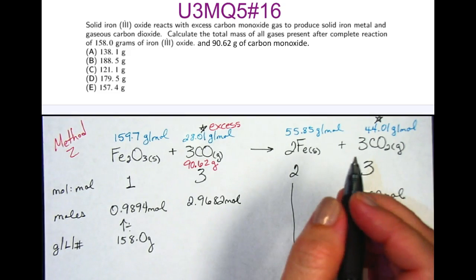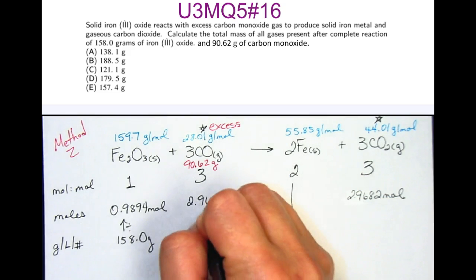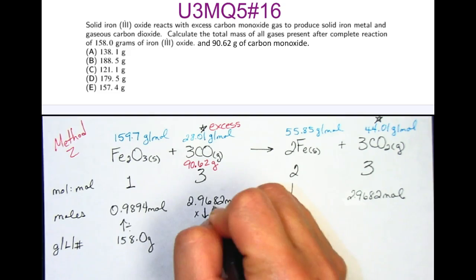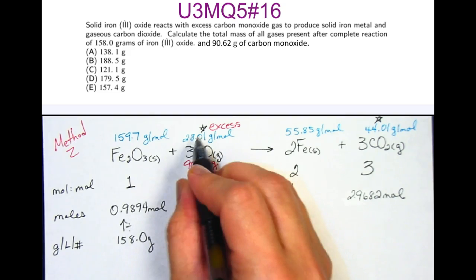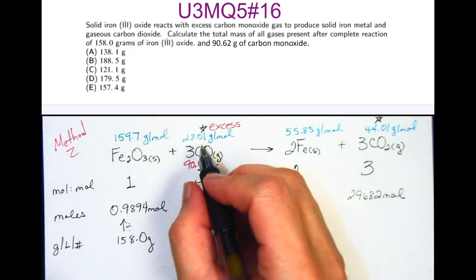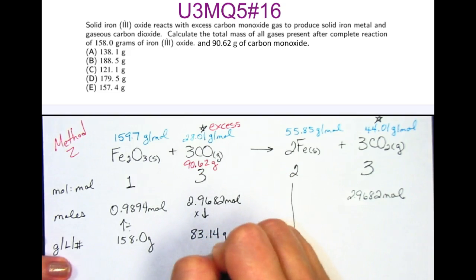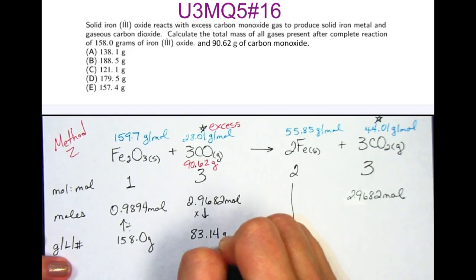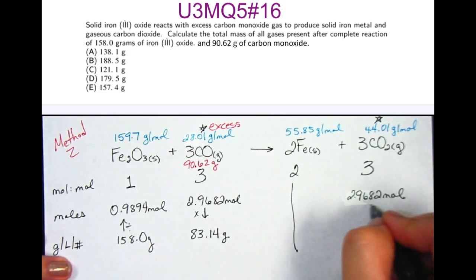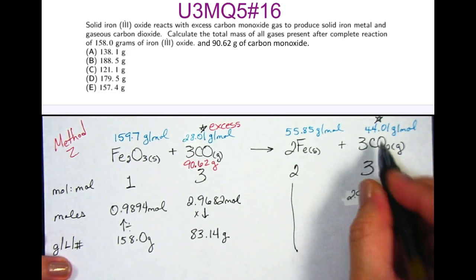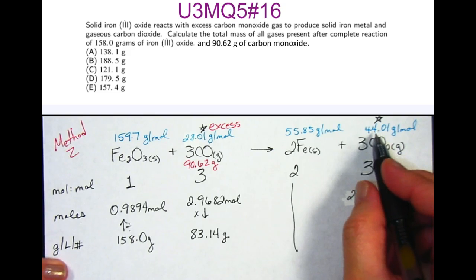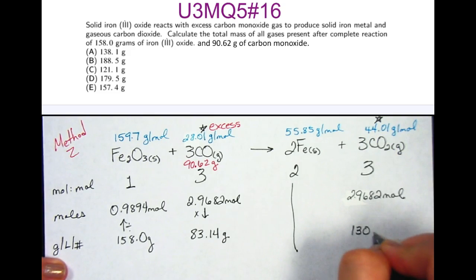Now that we know how many moles are consumed and produced, we can multiply this number of moles times the molar mass for carbon monoxide, and that gets us 83.14 grams of carbon monoxide consumed, and 2.9682 times the molar mass of carbon dioxide is 130.63 grams that are produced.